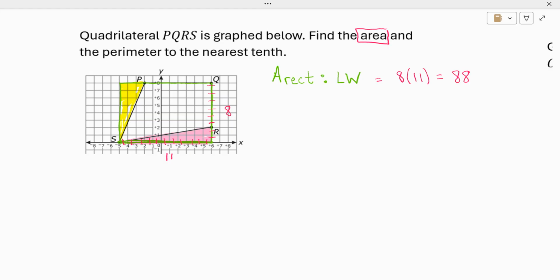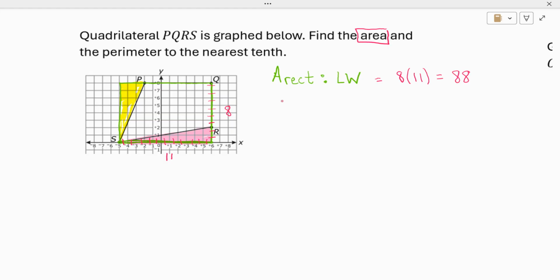So if I know that the area of the whole rectangle is 88, what could I take away from it to find the area of just the white space? Two what? What two shapes did we add? We added two triangles.